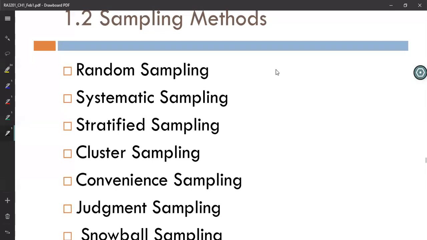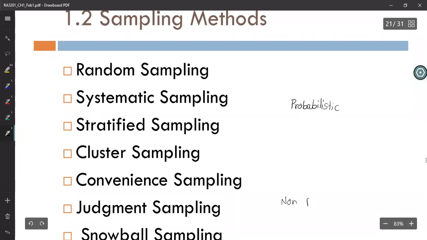The sampling techniques, you can split them into 2 categories mainly: probabilistic and non-probabilistic.